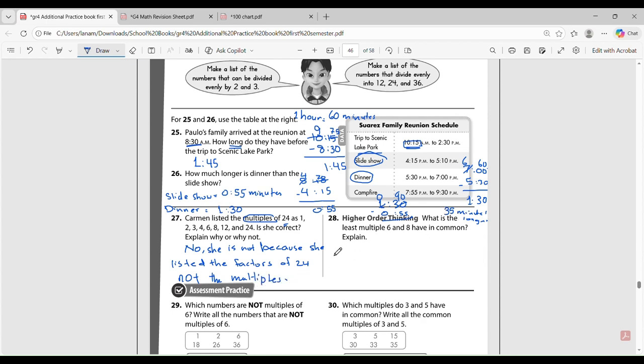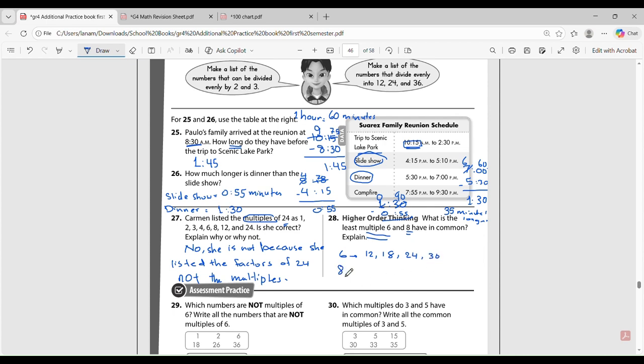Now, what does the least multiple of 6 and 8 have in common? Explain. Let's list the first multiples of 6 and the first multiples of 8. Now, the multiples of 6 are 12, 18, 24, 30.